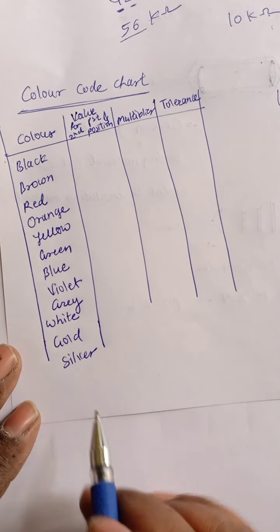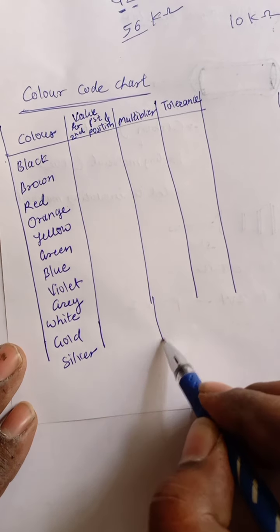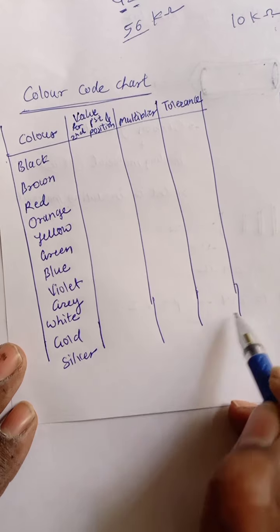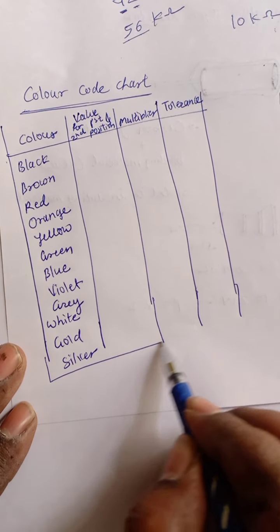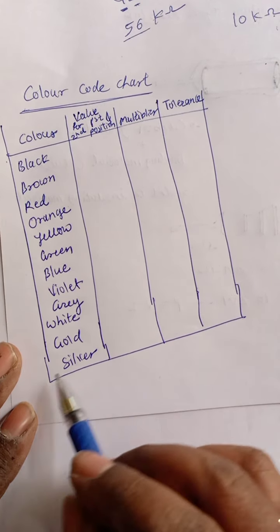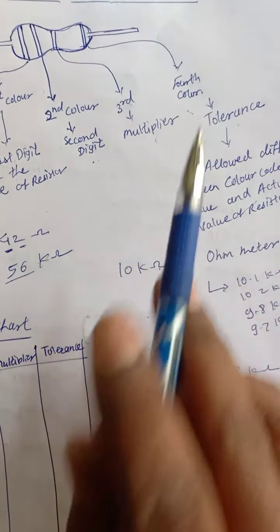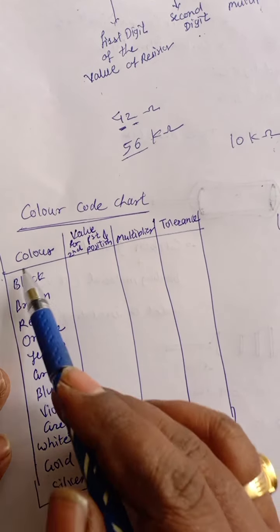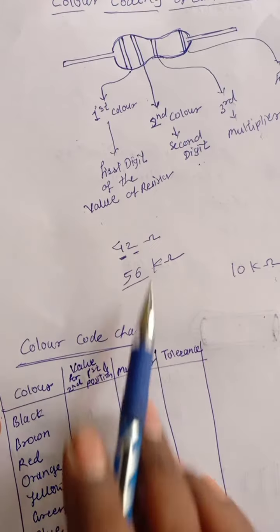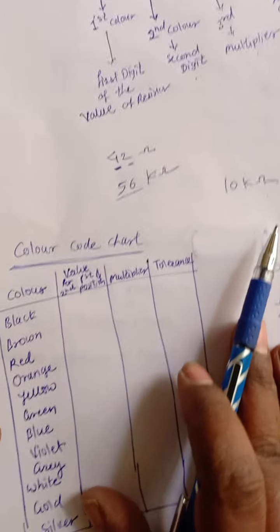So these last three are commonly used on the fourth position. White, gold and silver are commonly used on the fourth, the tolerance position. And all the remaining are commonly used for the first three positions.